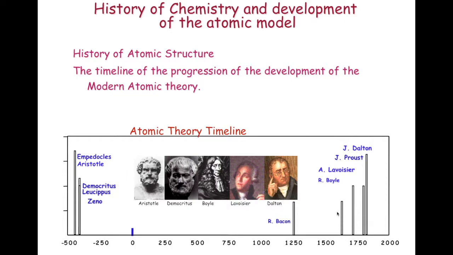The Enlightenment years saw the development of better understanding of science, better understanding of the world that we live in. I'm just going to go over some key personalities in the next 10 minutes to help you understand how we are able to understand the model of the atoms today.